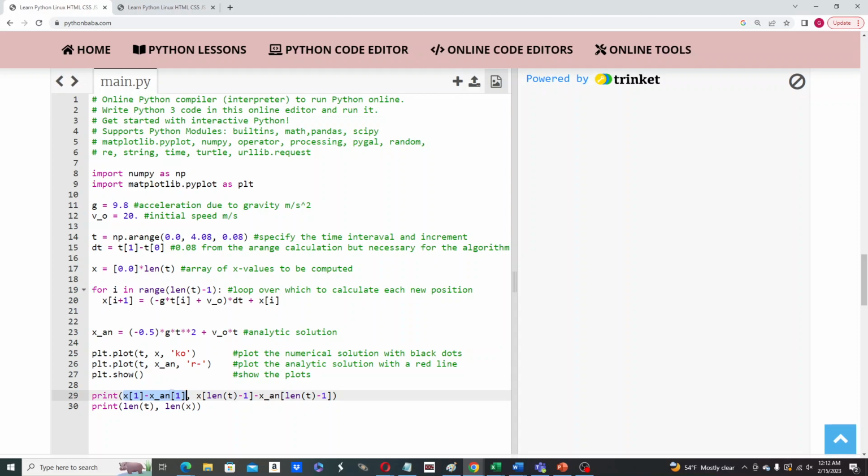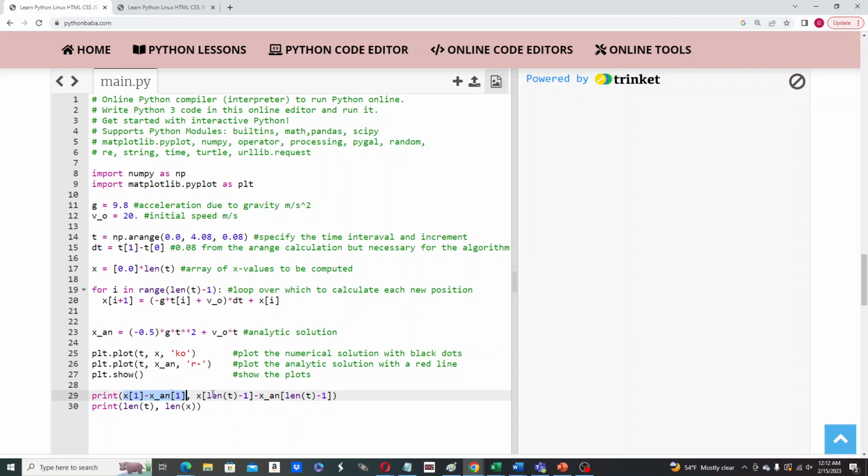Then, what we're asking the program to do is take the very last elements in the array, in both arrays, my numerical solution and my analytical solution.